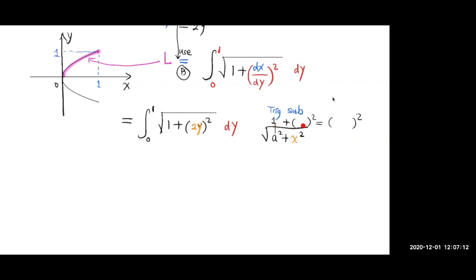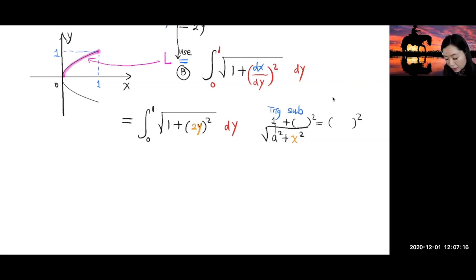What should I put here? Tangent, yes. Tangent of theta, and then that will be equal to the square of secant, right? 1 plus tangent squared equals secant squared.